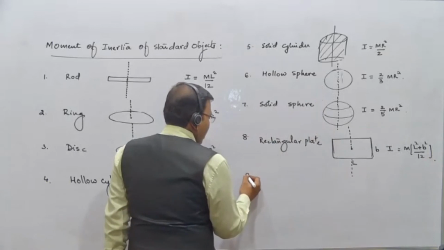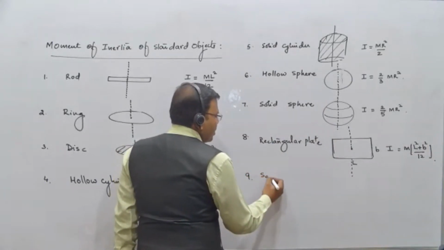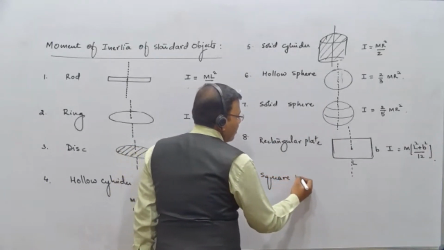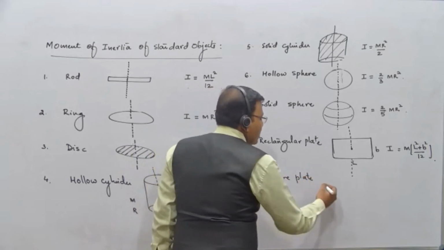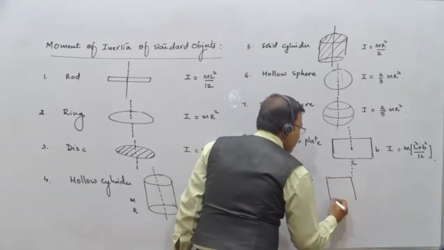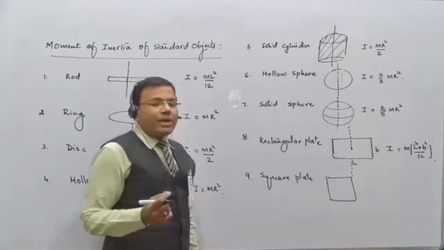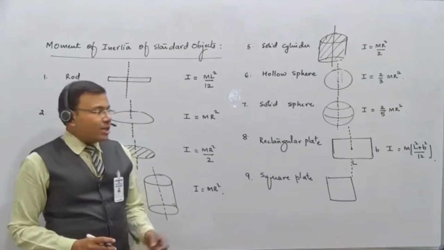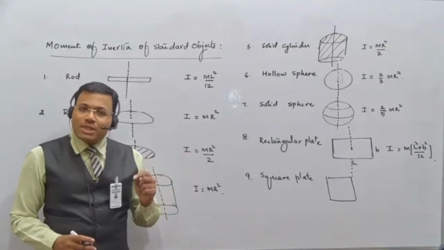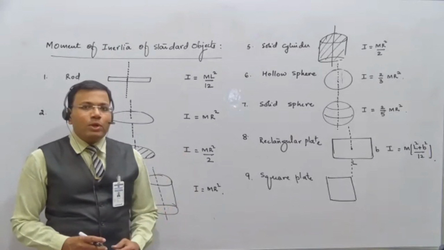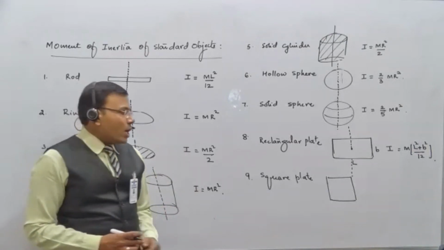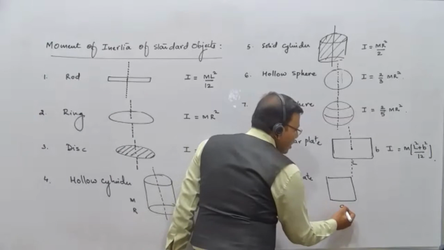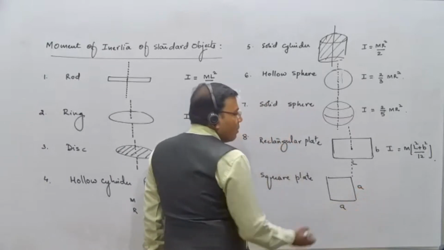Now, ninth one, that is a square plate. You know, students, a square means what? The sides will be equal. So here we are finding the moment of inertia of the square plate about an axis passing through the center of the square plate and perpendicular to its plane. Under this situation, I consider the length as A, and breadth is also A, because it is a square.